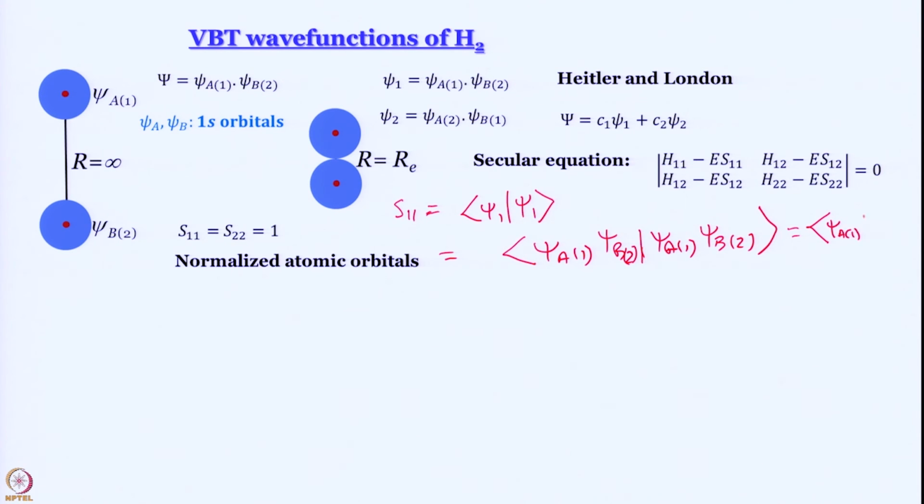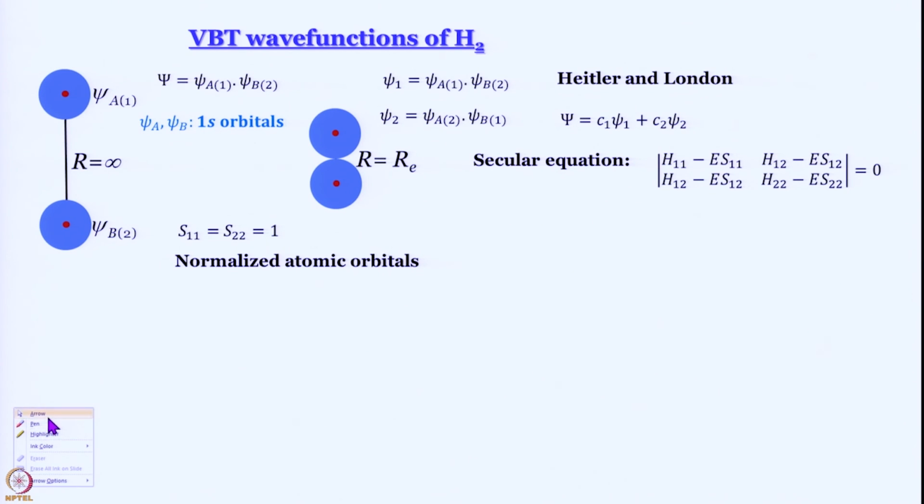So, I get psi a1 multiplied by psi b2 psi b2, very simple. And as these 1s orbitals themselves are normalized, we get that this is equal to 1, this is also equal to 1, okay, not very difficult to understand. In fact, I will just erase this. So, one thing is out of the way, S11 and S22 are both conveniently equal to 1.